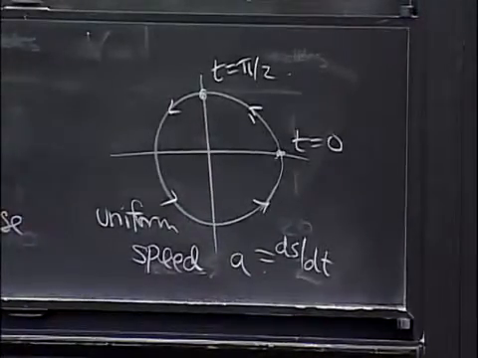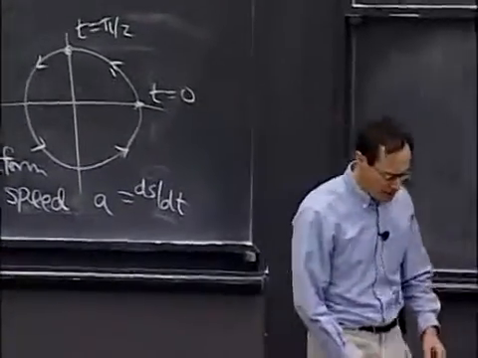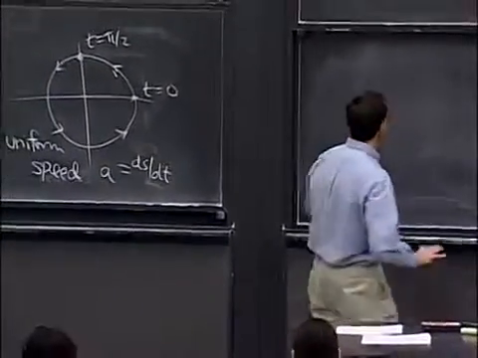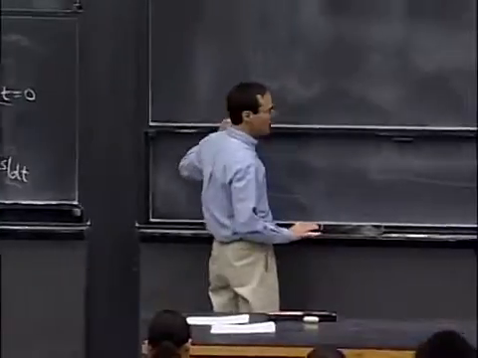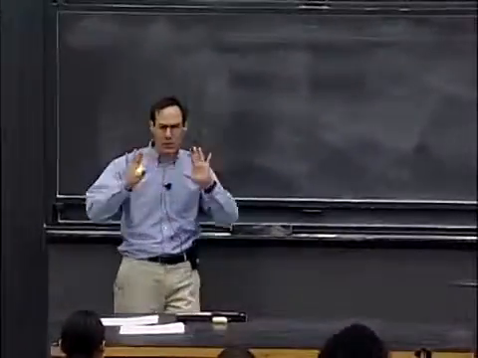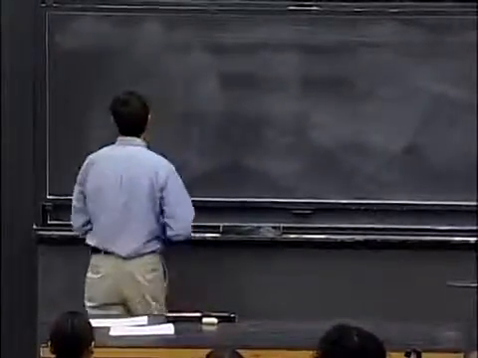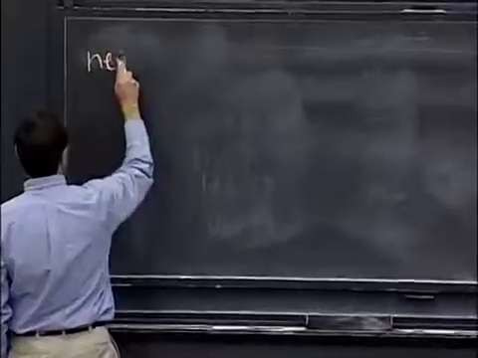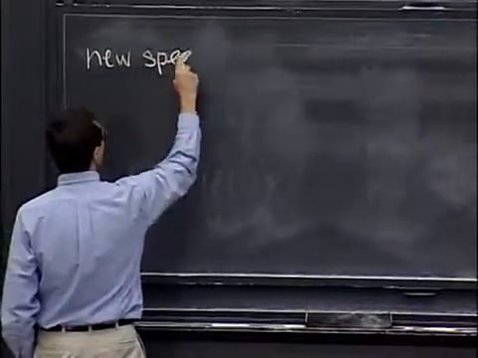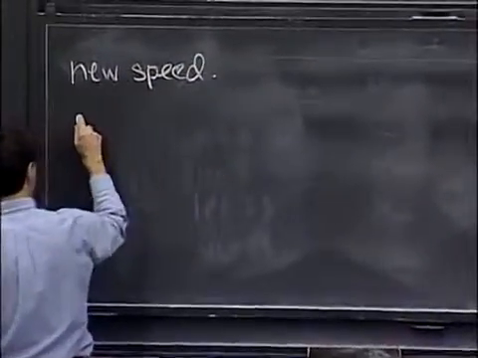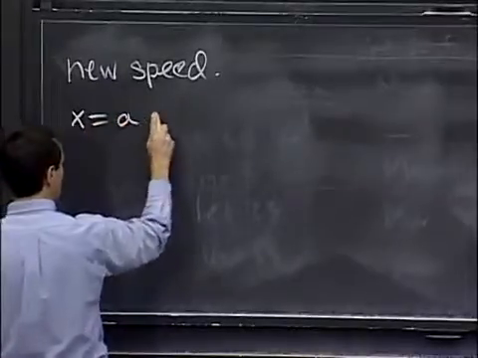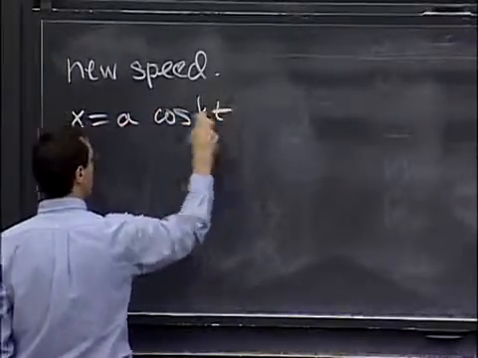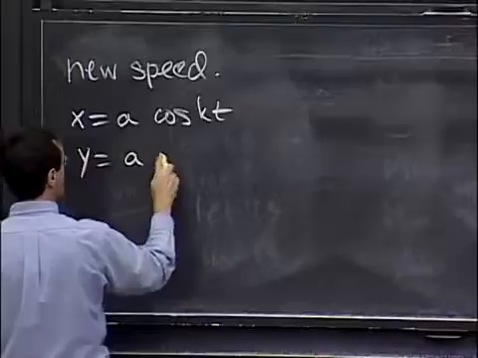And that means that we can play around with the speed. I just want to point out the standard thing, which you'll have to get used to, and this is a standard presentation. You'll see this everywhere in your physics classes and your other math classes. If you want to change the speed, so a new speed going around this would be if I set up the equations this way.